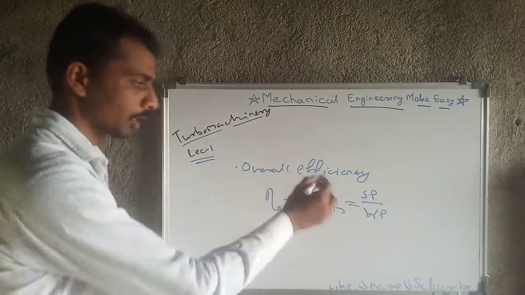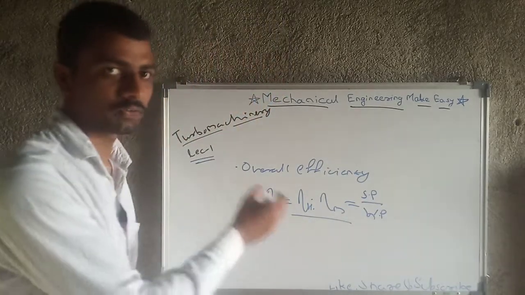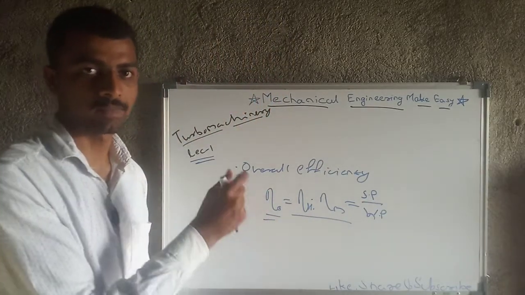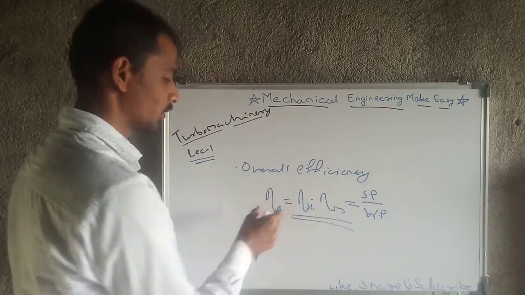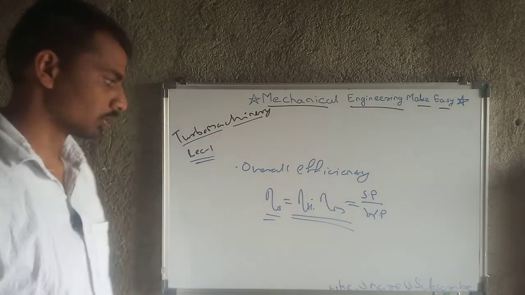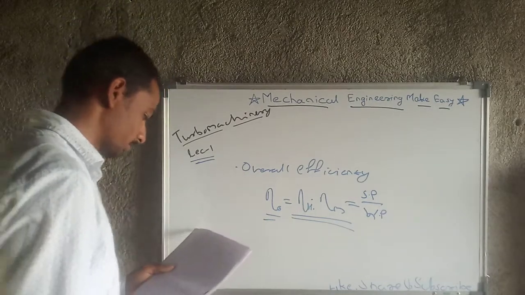Shaft power upon water power, this is overall efficiency. Or if we have the values of hydraulic efficiency and mechanical efficiency, then we simply multiply both efficiencies and we will get the overall efficiency. So note it down, this is also a very important concept.